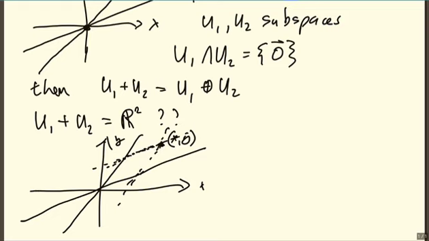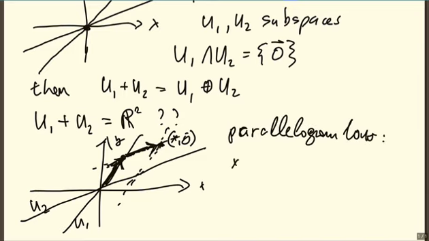Wherever they intersect the u1, u2 lines, we get two vectors. Using the parallelogram rule, we get a representation: some u1 vector and u2 vector such that this xy vector can be written as u1 plus u2.